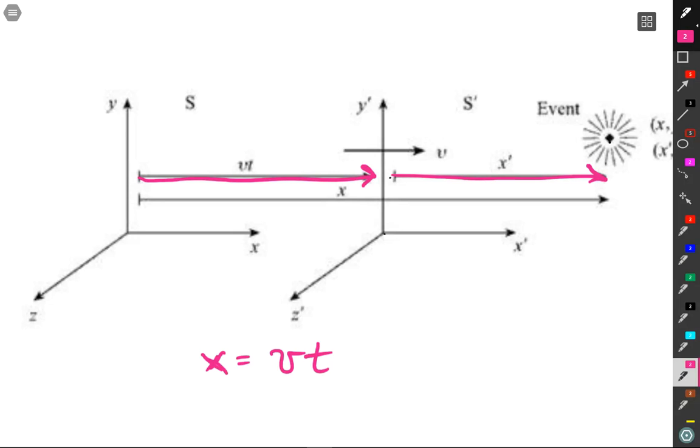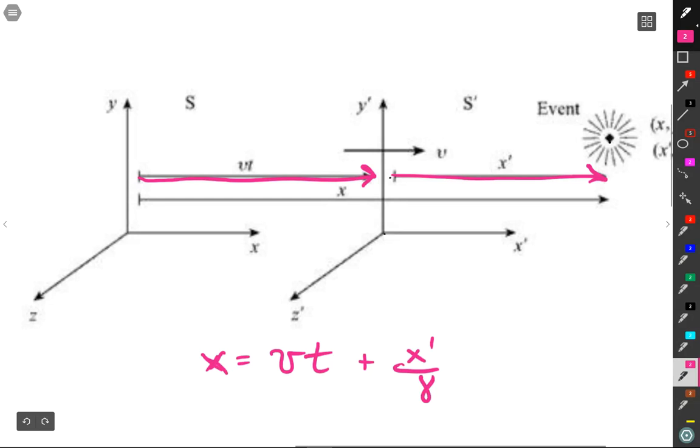And then x prime is the distance measured in the prime frame. The prime frame says the event was there. I measured a proper length. And so the unprimed frame says, oh, it's actually going to be contracted from what they said.